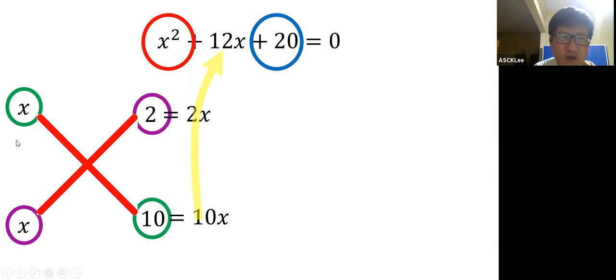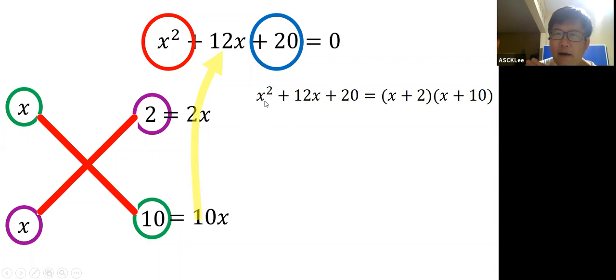And what are your factors? Your factors are staring at you here, x plus 2, the other factor is x plus 10. So here, x squared plus 12x plus 20 equals x plus 2 times x plus 10.